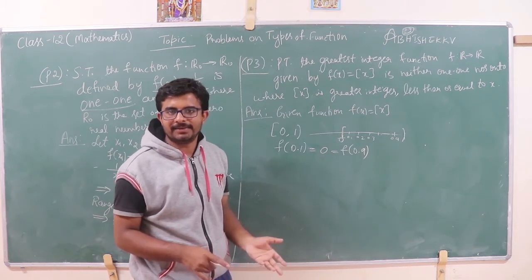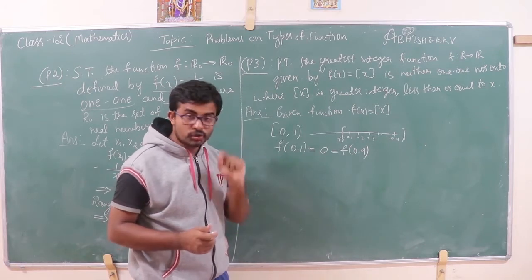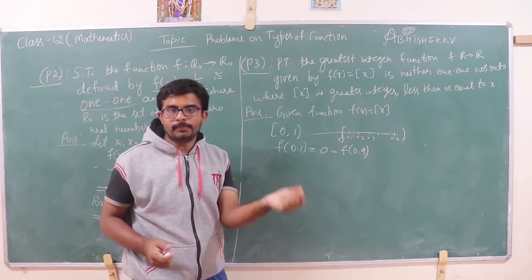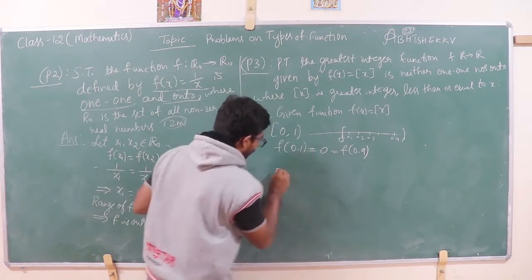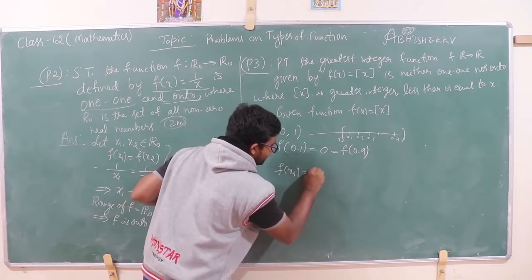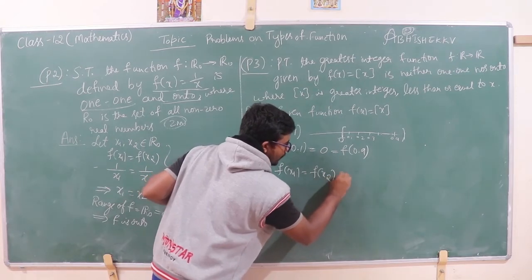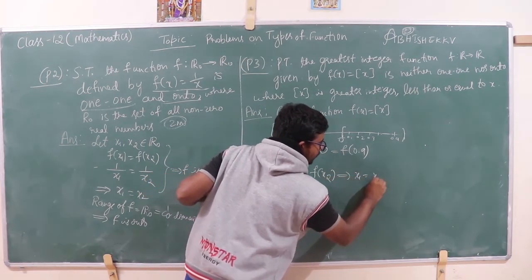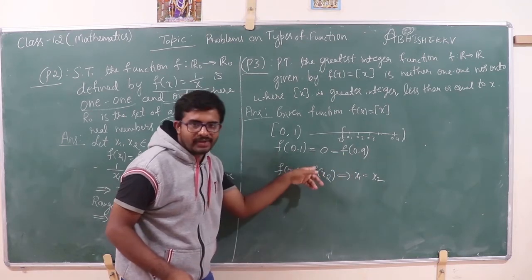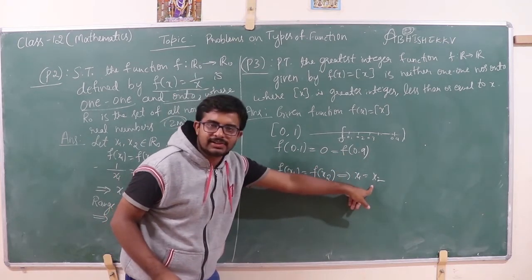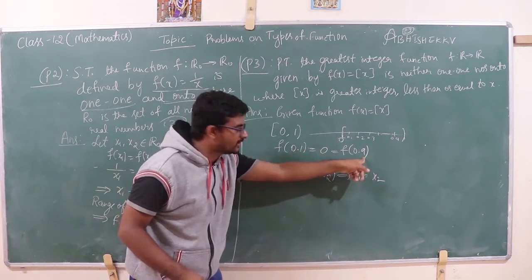According to the definition of one-one, for different inputs you should get distinct outputs. That is, f of x1 equal to f of x2 implies that x1 is equal to x2. Here x1 is 0.1 and x2 is 0.9.